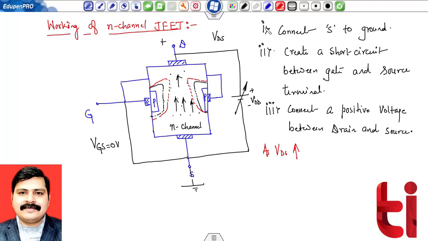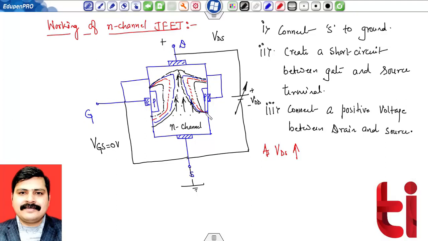So you can check, as we are increasing the value of VDS, the depletion region to the drain side will also increase, and there will be a particular state at which the two depletion regions touch each other.